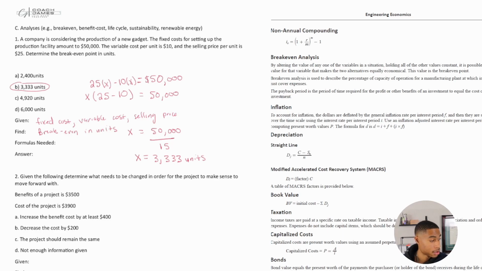All right. So for number 2, given the following, determine what needs to be changed in order for the project to make sense to move forward with. We have the benefits of a project at $3,500, and the cost of the project is $3,900.